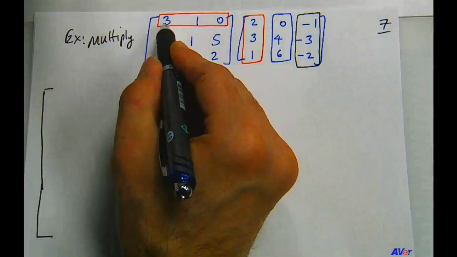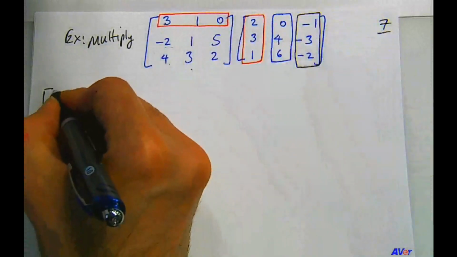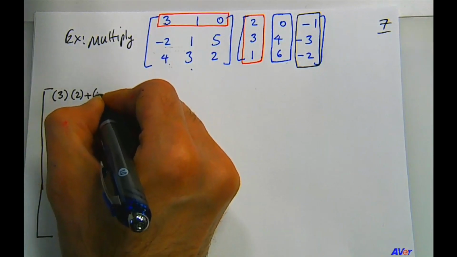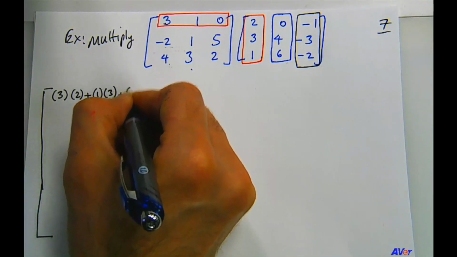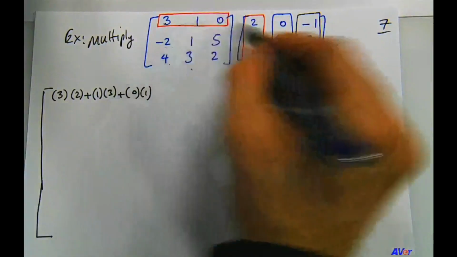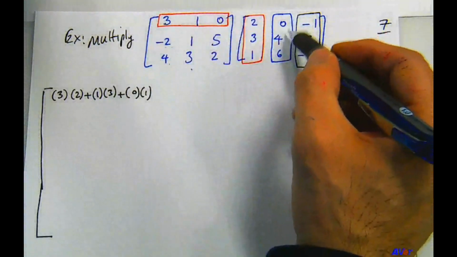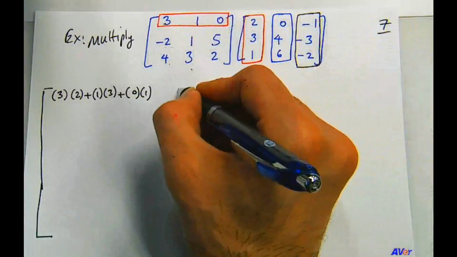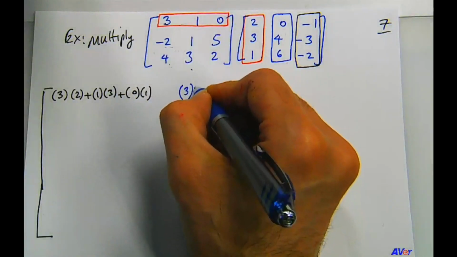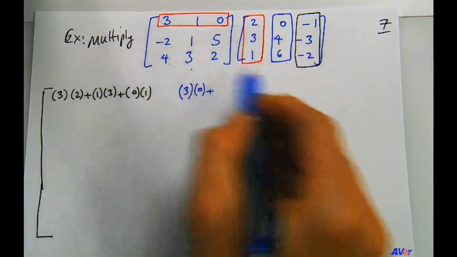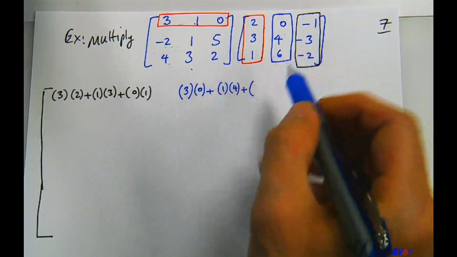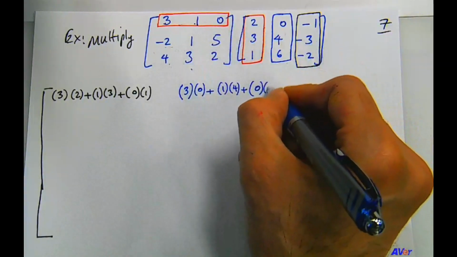Okay, so first row multiplied by the first column. We have 3 times 2 plus 1 times 3 plus 0 times 1, right? That's multiplying this by the first column. Let's move to the second column. So we have 3 times 0 plus 1 times 4 plus 0 times 6.